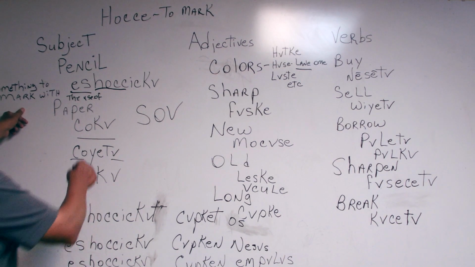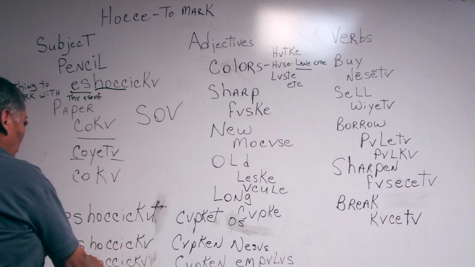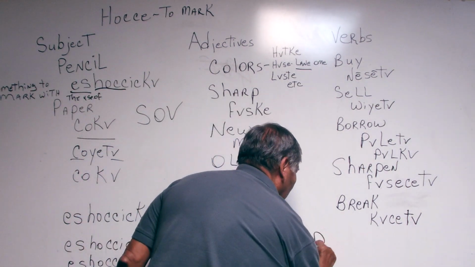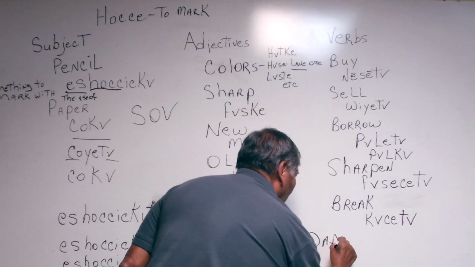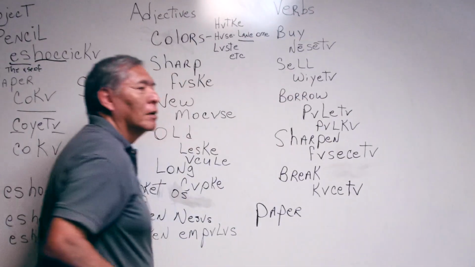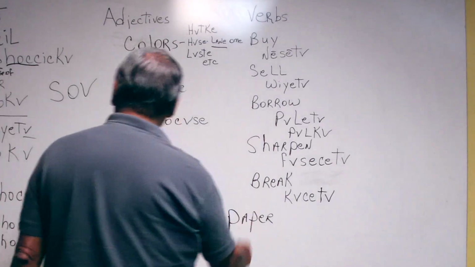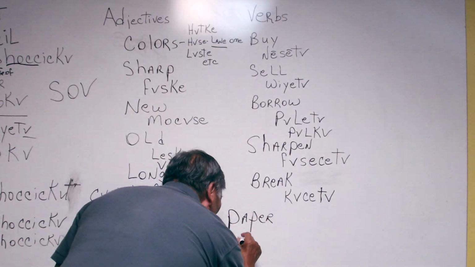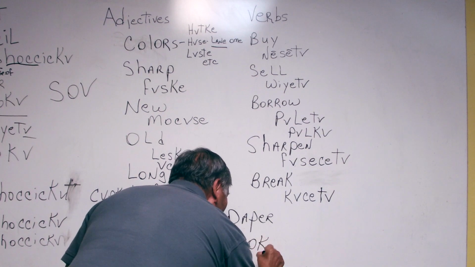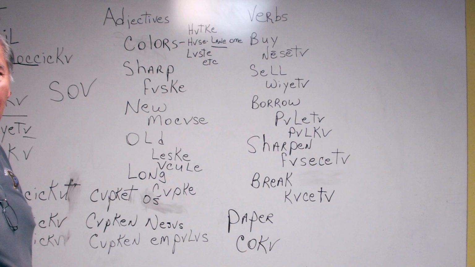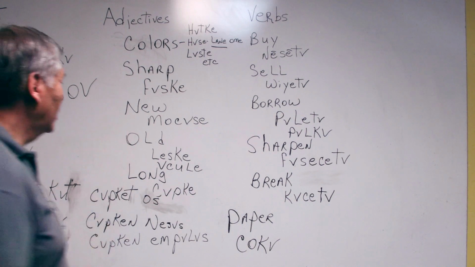So we could make a sentence with paper right here. Paper, choga. Oh, that is paper. Choga. Hutke, hutki.